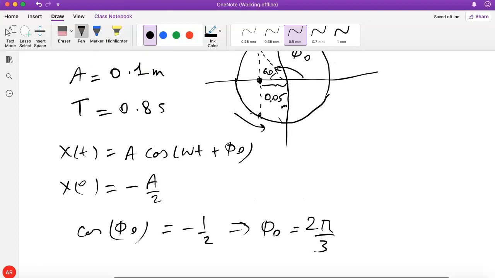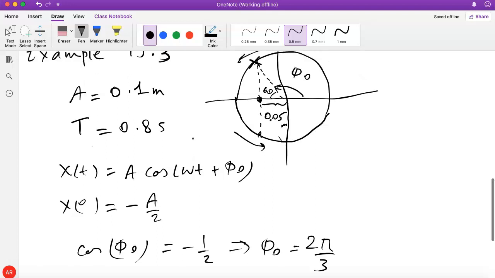Notice that there's this other point whose cosine is minus 1/2, right? That's maybe, if you look at it this way, it's minus 2 pi over 3. For example, if you count from here, it's going to be 180 plus 60. So it's like 4 pi over 3. But we don't want that because we have this additional piece of information that the particle is moving to the left.